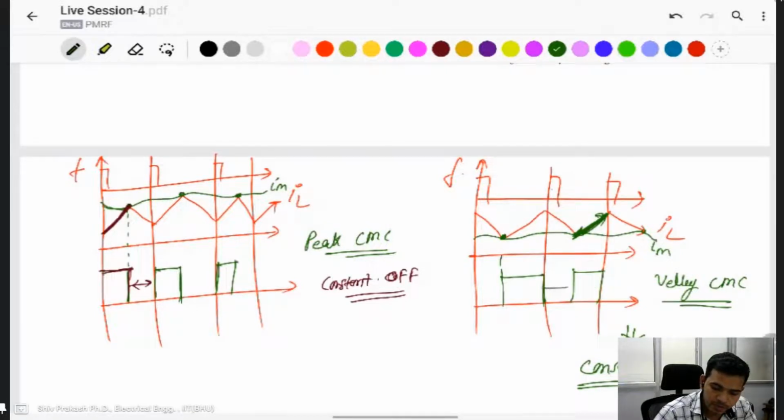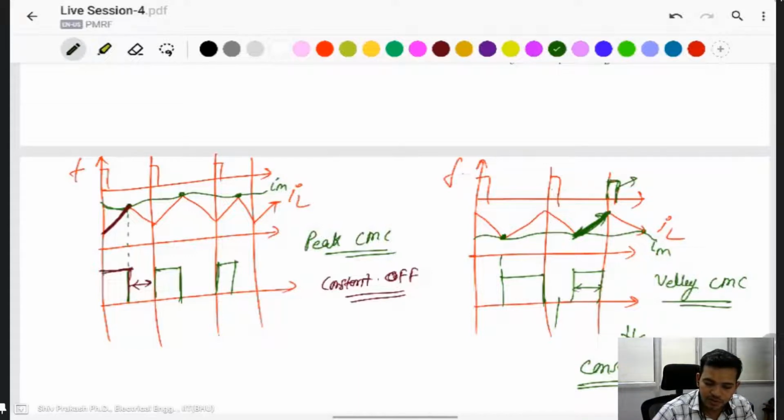I think this one is constant. Here we control the given frequency, that's why this one is now off.